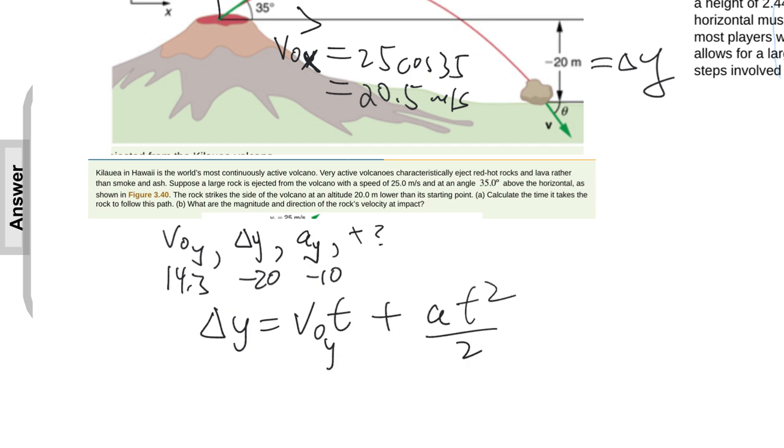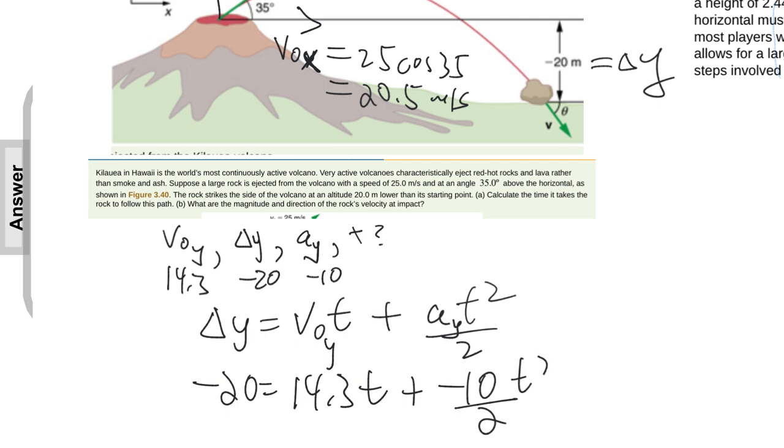I'm just using the Y values. Okay, so delta Y, negative 20 equals 14.3 times T plus negative 10 over 2 times T squared.